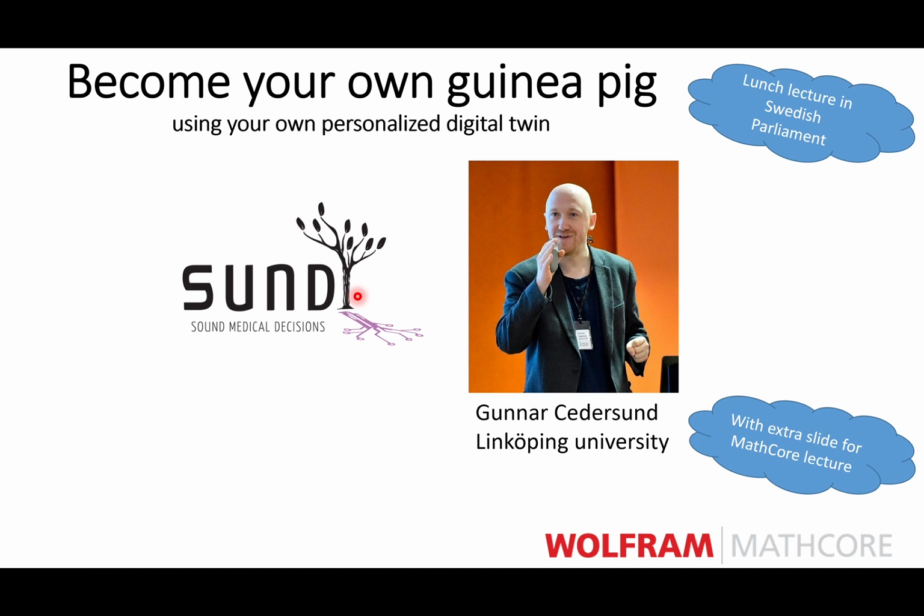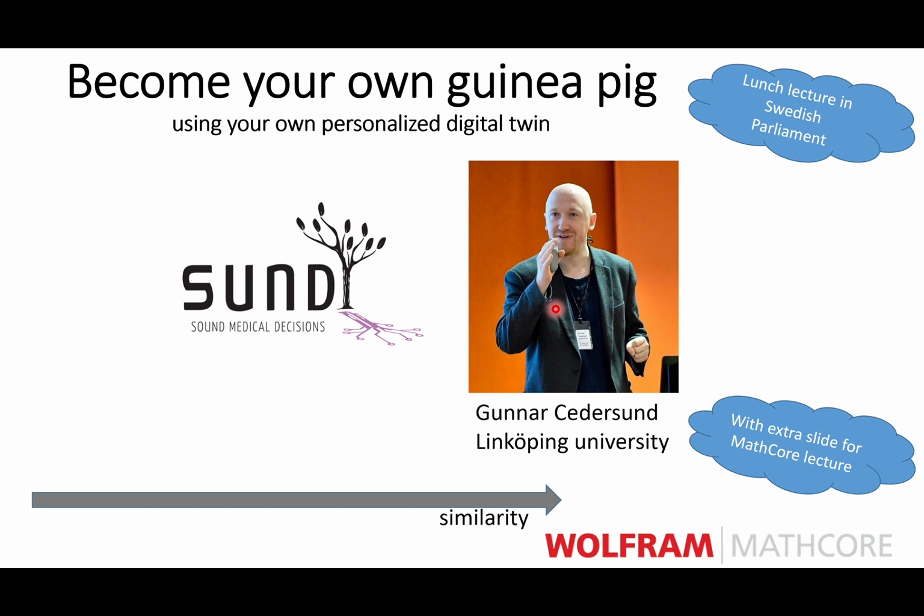And the key question when figuring out if you want to use a digital twin or any type of model is how similar is it to the thing that it should mimic. In this case, a digital twin should mimic me. So the question is, how similar is this to me?